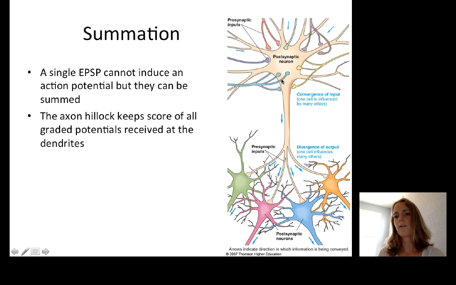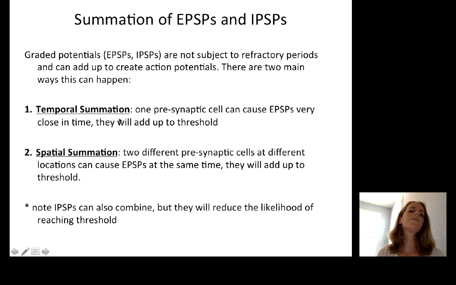So here's all the inputs at the dendrite and cell body of this postsynaptic cell, and the axon hillock here is adding up the EPSPs, subtracting the IPSPs, and hoping we can get to threshold. If threshold is reached, then we'll have an action potential. So two ways. First, we can have temporal summation. Second, we can have spatial summation.